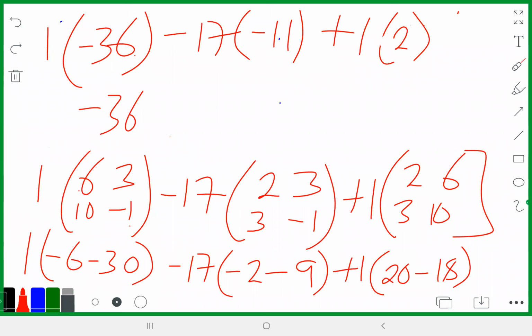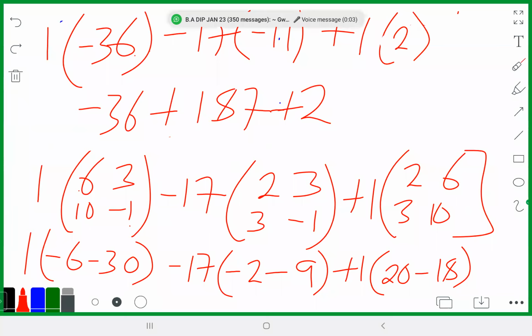Now, what is 17 times 11? 11 times 17 is 187. So I have +187 plus 2. So you can say 187 minus 36 plus 2. We have 153. So everything is 153, like that, positive.